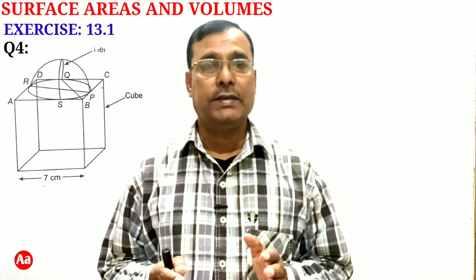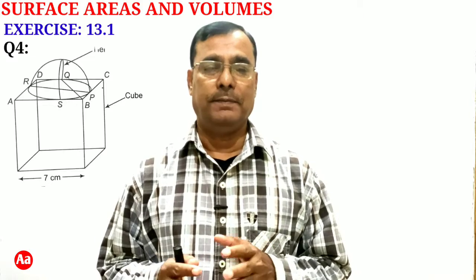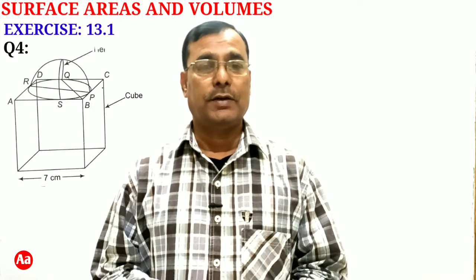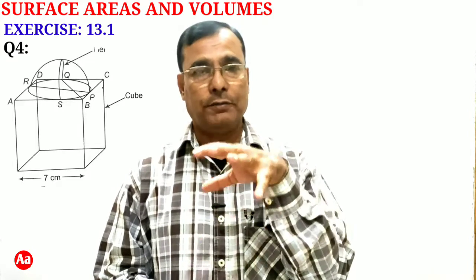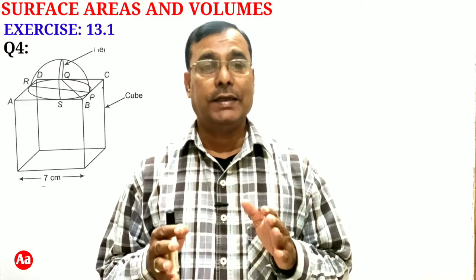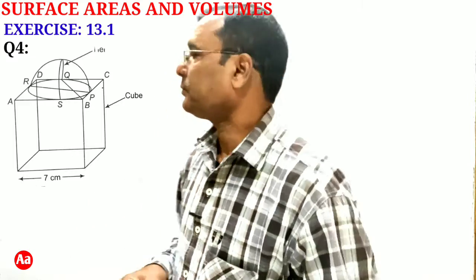Then what is the greatest diameter that the hemisphere can have? As the hemisphere is surmounted on one face of the cubical block of side 7 centimeter, the greatest diameter is going to be 7 centimeter.